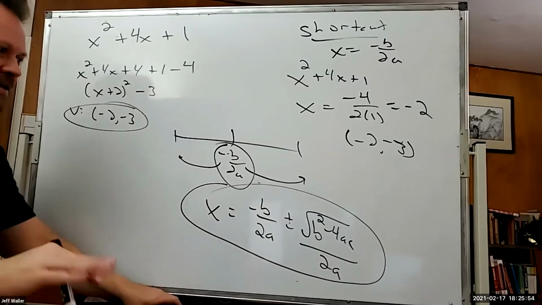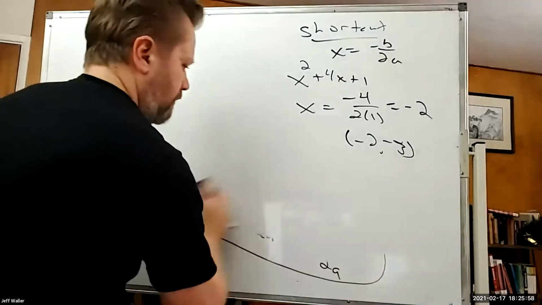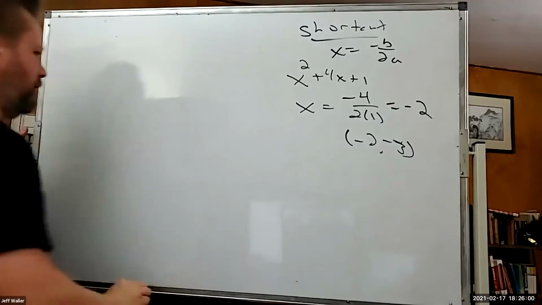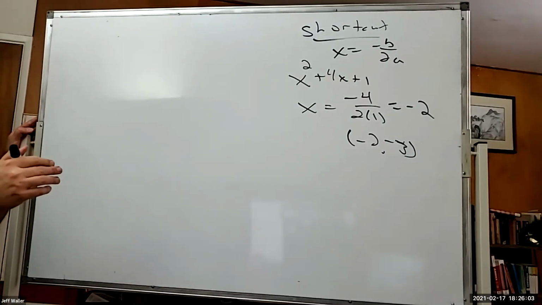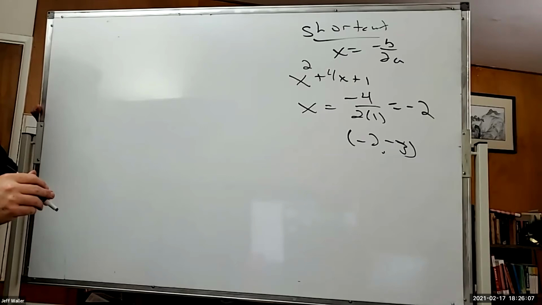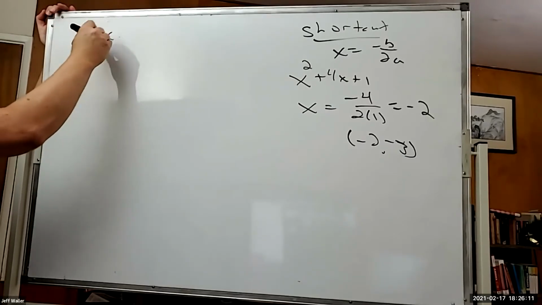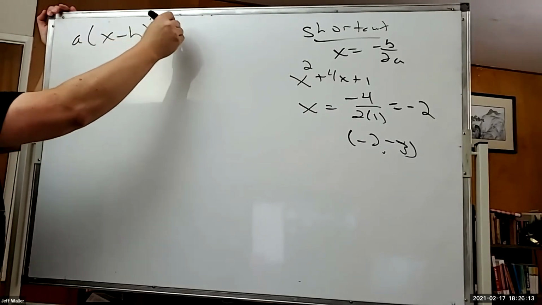All right, here we go. Wait, sorry? I was just going to say, are those just two different ways to find the vertex? Yes. One way is to put it in this form, right?